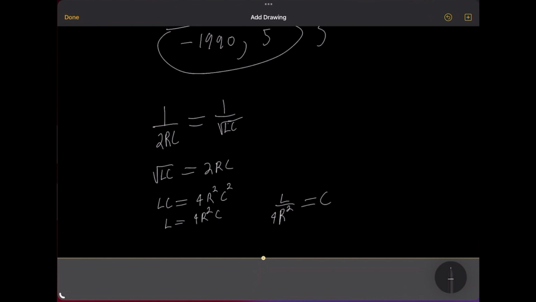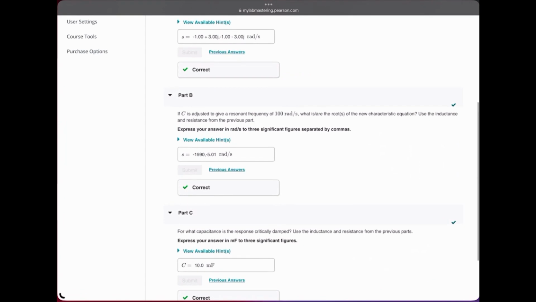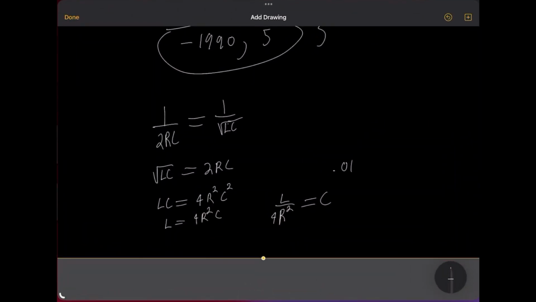And that will give us 0.01, or 10 millifarads. See. And that's question 1 done.